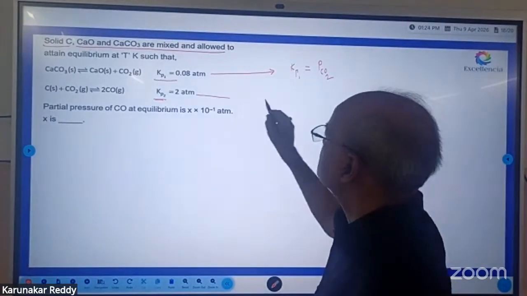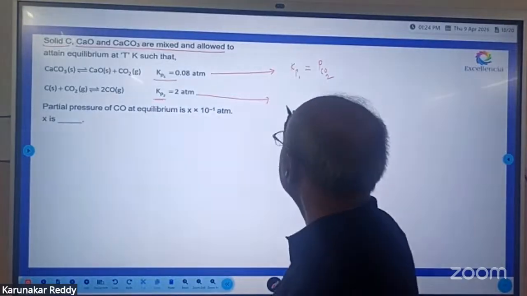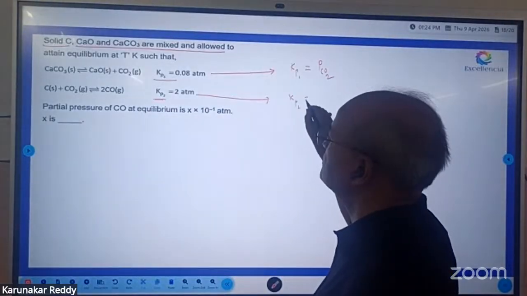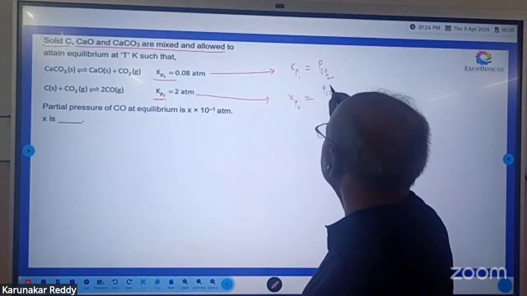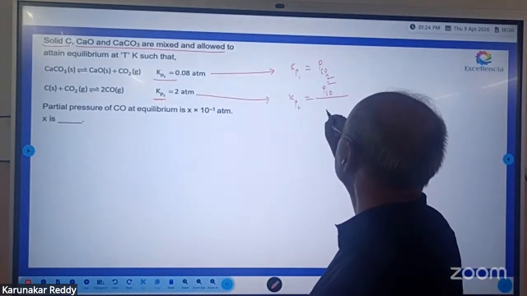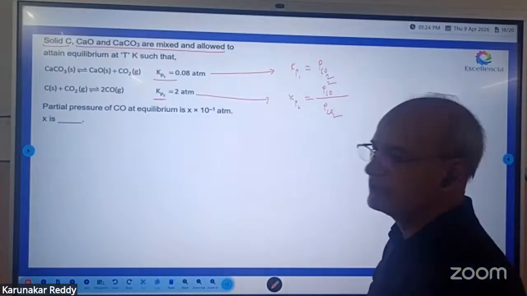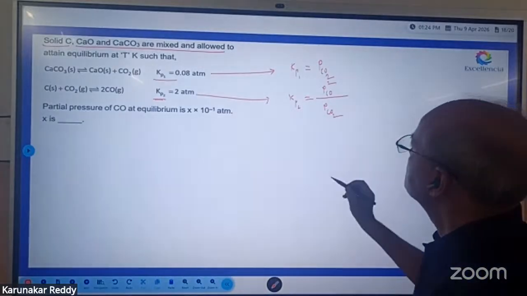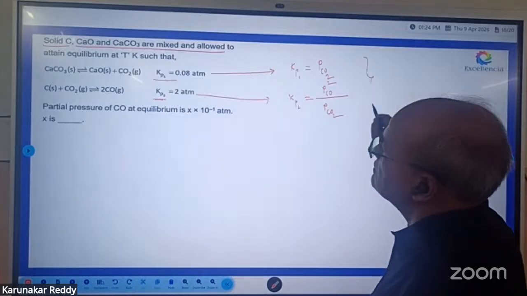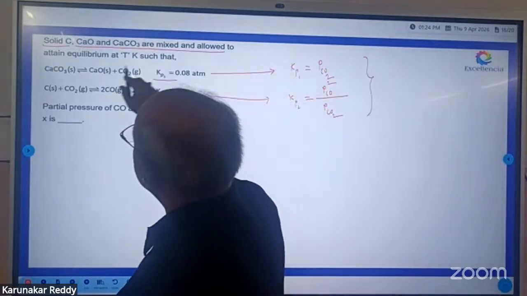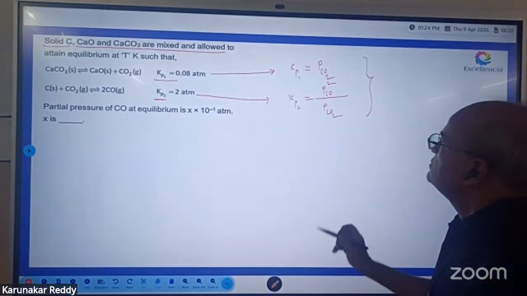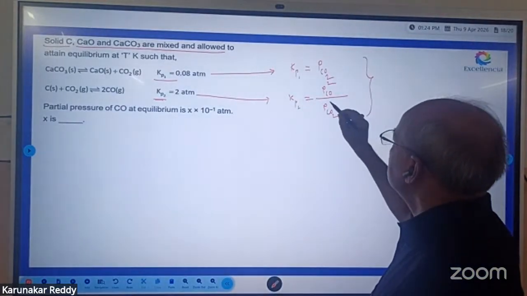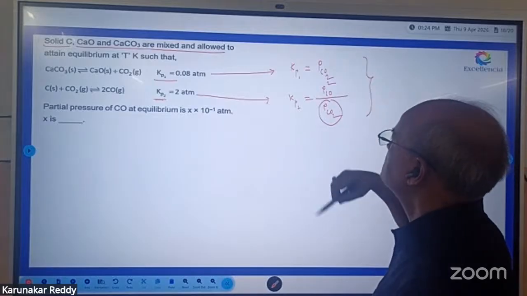So from here also we can write like this. Kp2 is equal to the partial pressure of carbon monoxide squared upon partial pressure of carbon dioxide. Now, they're saying that mixed and allowed to attain the equilibrium at T. Then only 2 gases are there, carbon dioxide and carbon monoxide over here.